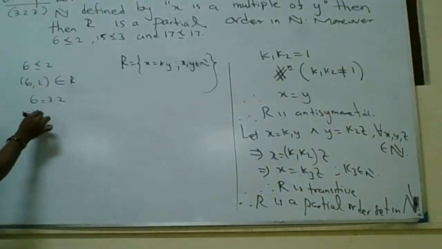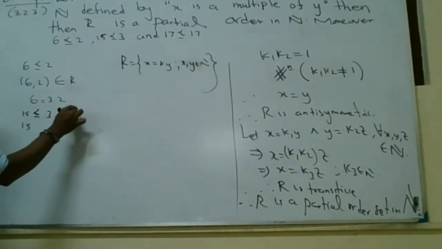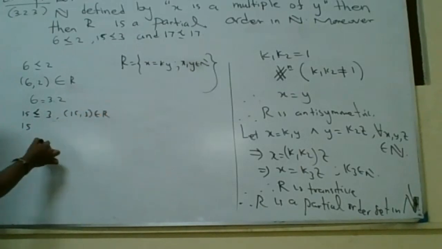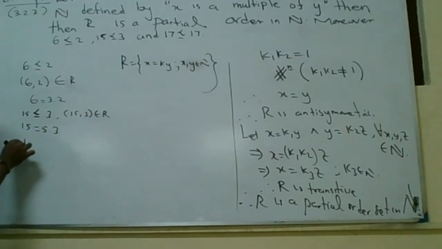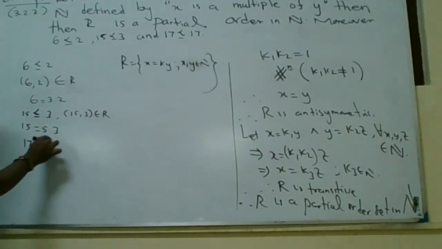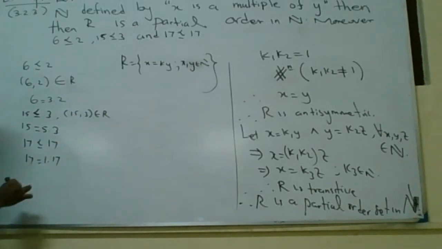15 precedes 3 is okay. This one is also okay, because (15, 3) belongs to R: 15 you can write as 5 times 3. And this one is also okay, because 17 you can write as 1 times 17.